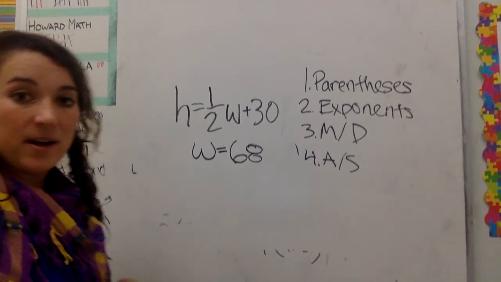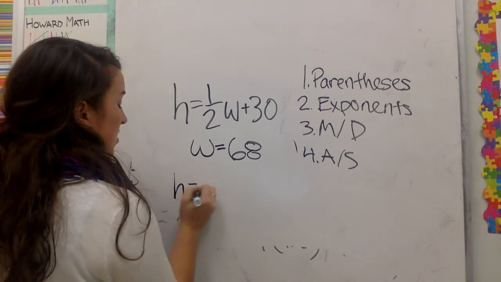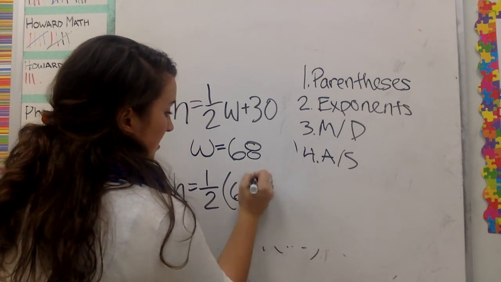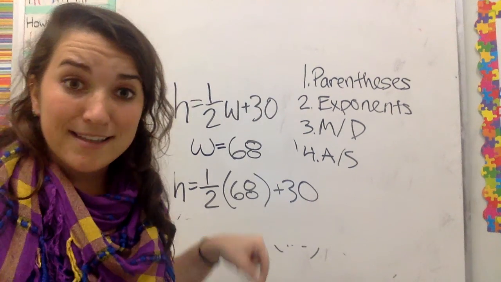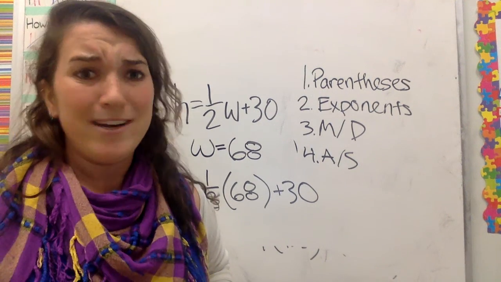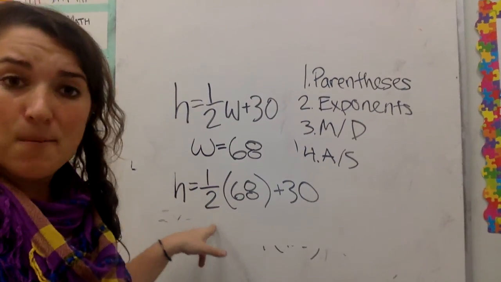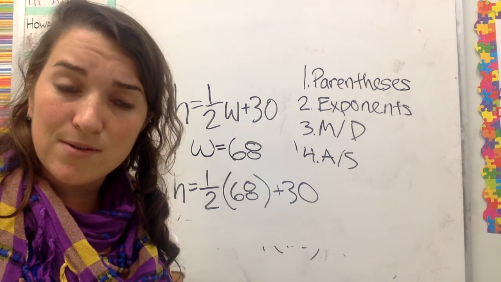So now I'm going to rewrite this out, substituting for W. So I have H equals 1/2 times 68 plus 30. Let's look at this. I'm a little bit confused because I see multiplying with fractions. I don't really remember how to do this. But then I look again. Multiplying by 1/2 is the same as dividing by 2.